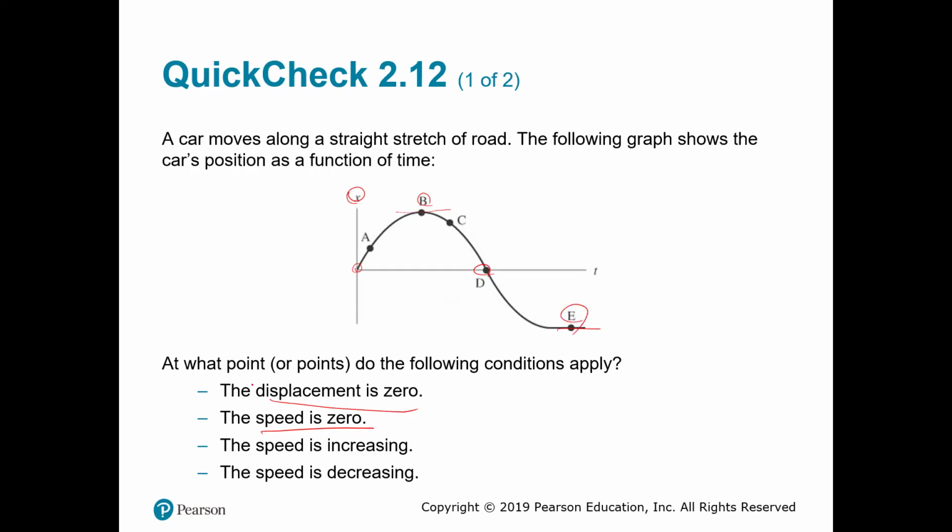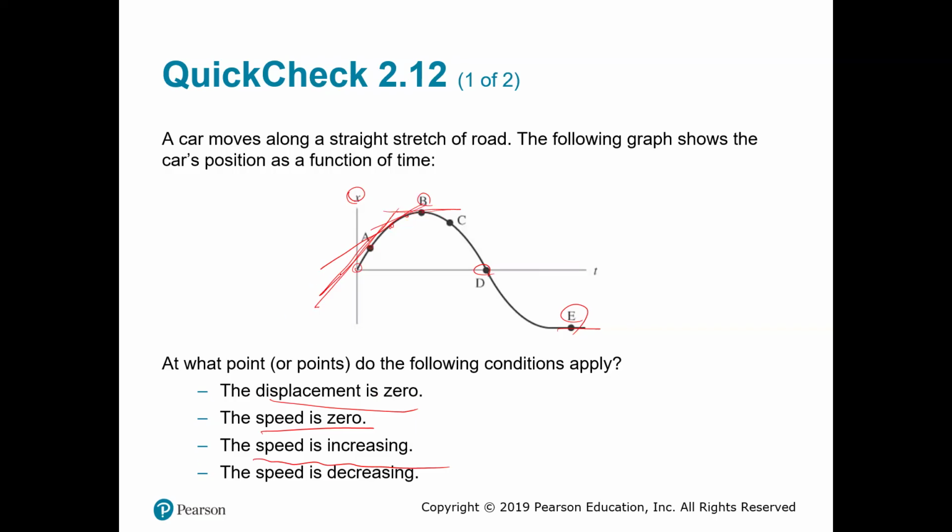When do you have an increasing speed? Think about here. The slope at position A is your slope, which is velocity. Sometime later, your slope is getting less steep, and then getting to zero.